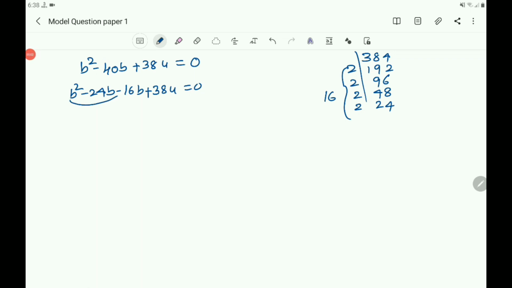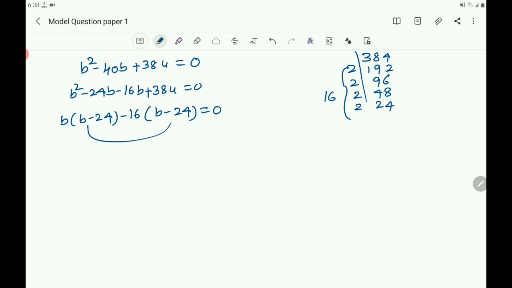Now you take b into b minus 24 and minus 16 into b. You know that 16 into 24 is 384. Now you write the factors.